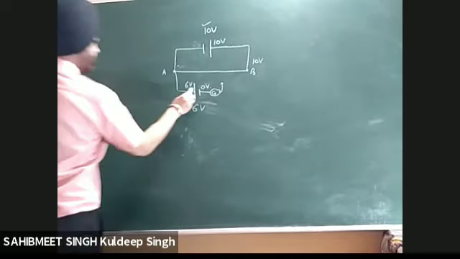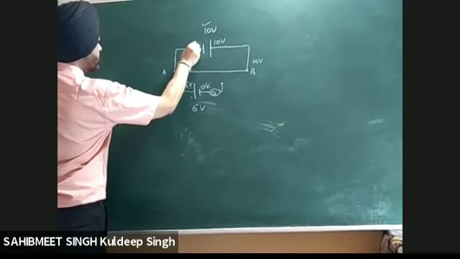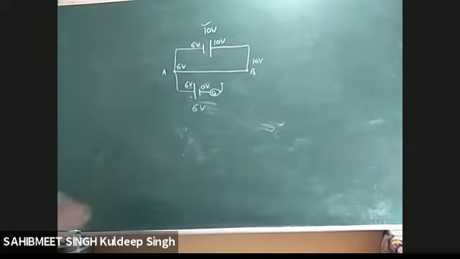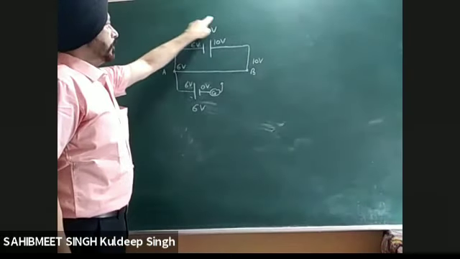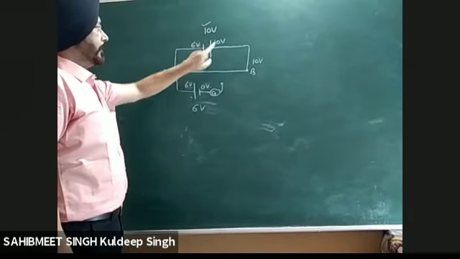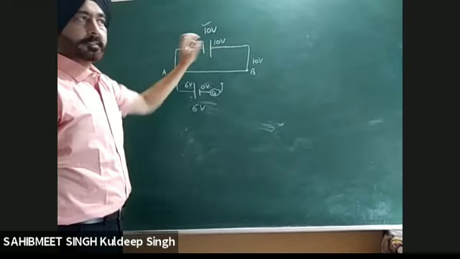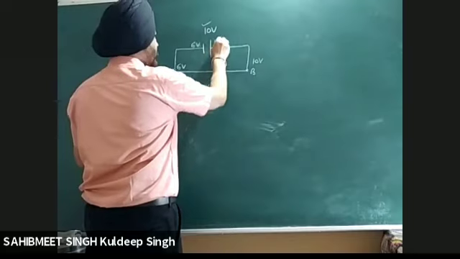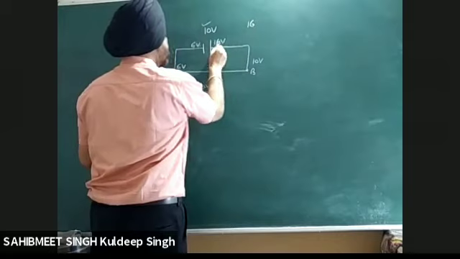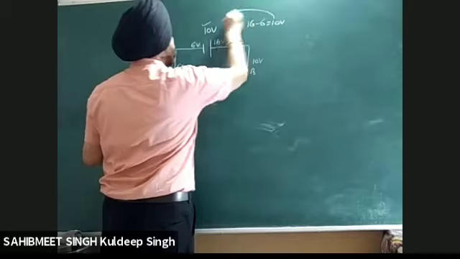This 6 volt goes to point A and therefore it will go to this point here, 6 volt. The EMF of the cell is 10 volt, so I need here 16 volt. Why? Because when I subtract 16 minus 6, only then I will get 10 volt.